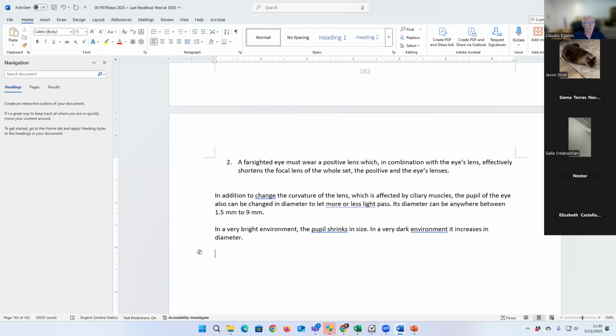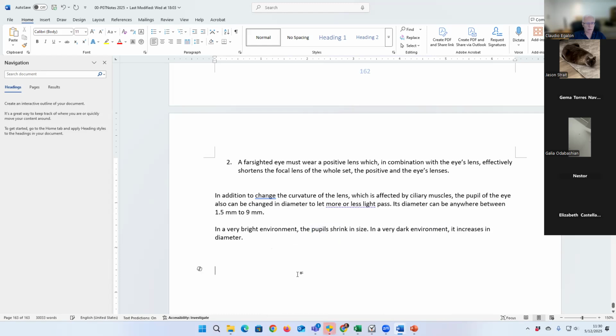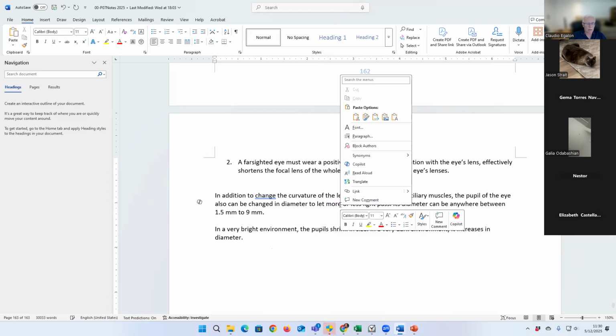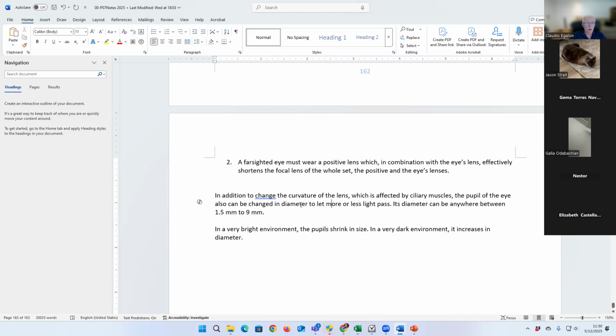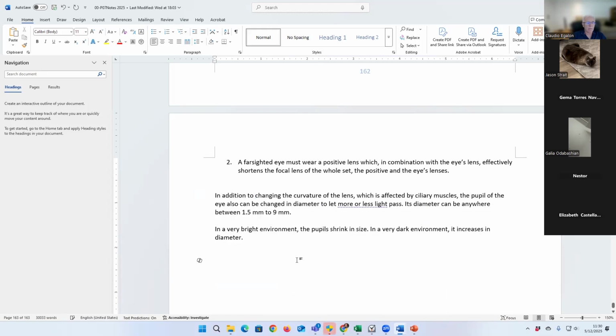Okay? Increases. The curvature of the lens. That's what you have to know.